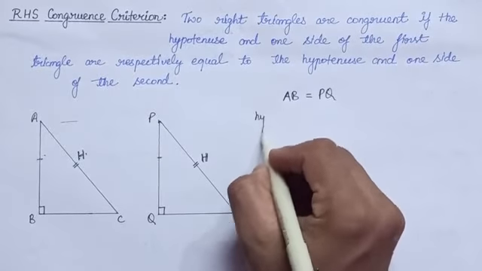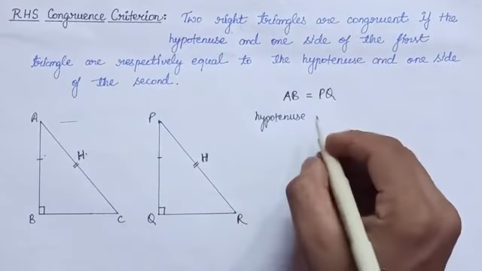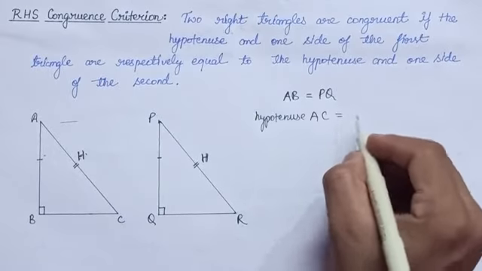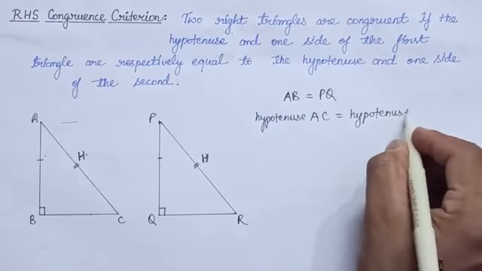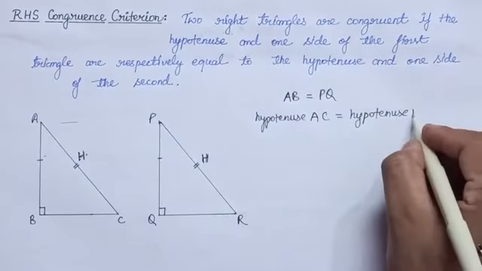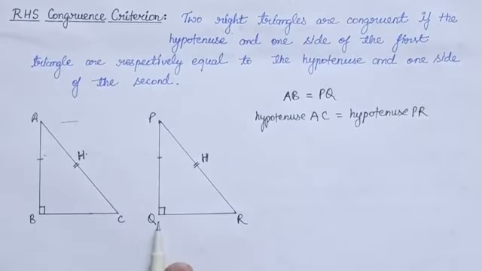So we can write hypotenuse AC is equal to hypotenuse PR, and angle B and angle Q are also equal.